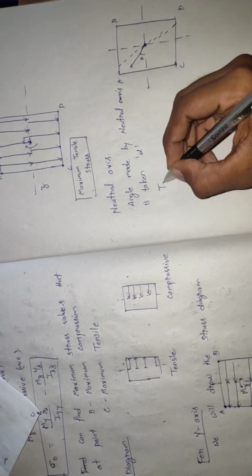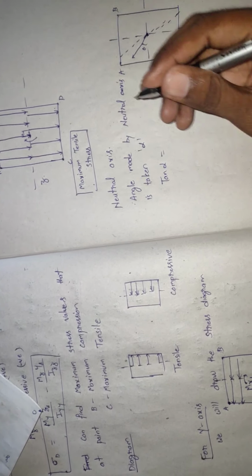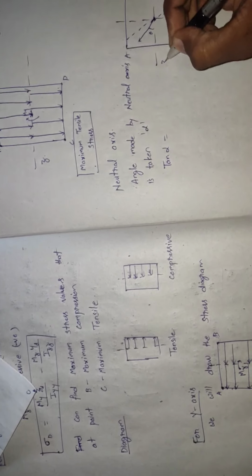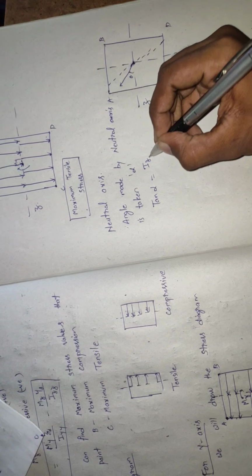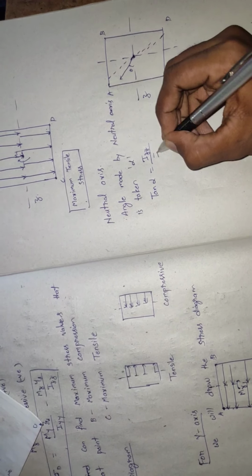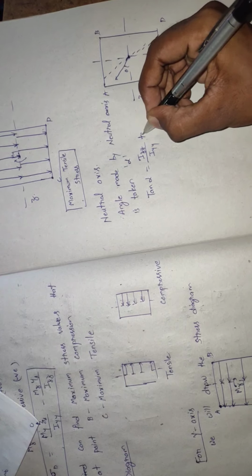Then for finding the neutral axis, tan alpha will be equal to, since we are taking angle with respect to the z axis, Izz by Iyy tan theta.